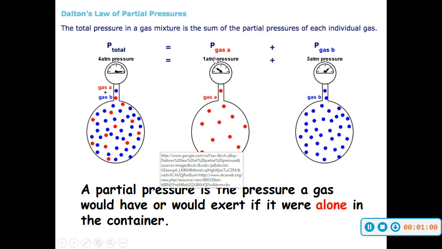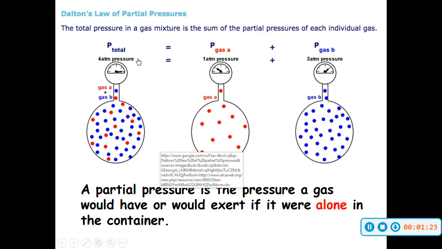If we know the partial pressure of gas A is 1 atmosphere and the partial pressure of gas B is 3 atmospheres, and we combine those, then we would get a total pressure of 4 atmospheres. You would simply add your partial pressures to get your total. And then you could also do the opposite.